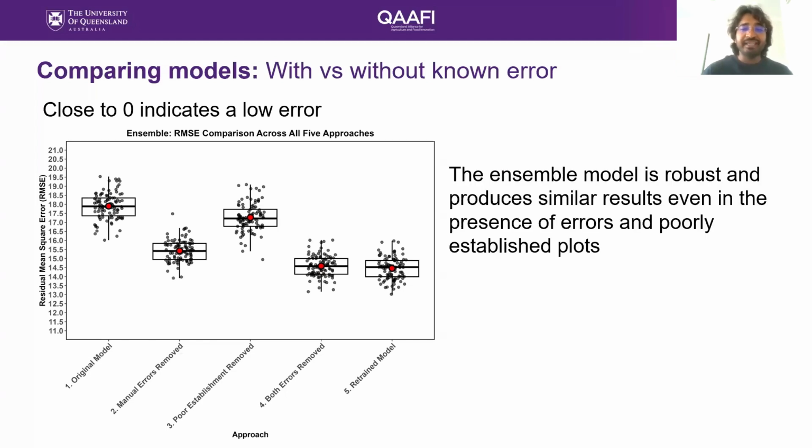What we can see is that removing problematic plots reduced the error, but the retrained model after removing them did not improve much. This suggests that the ensemble model was relatively robust even when some scoring inconsistencies and poor establishment plots were present in the dataset.